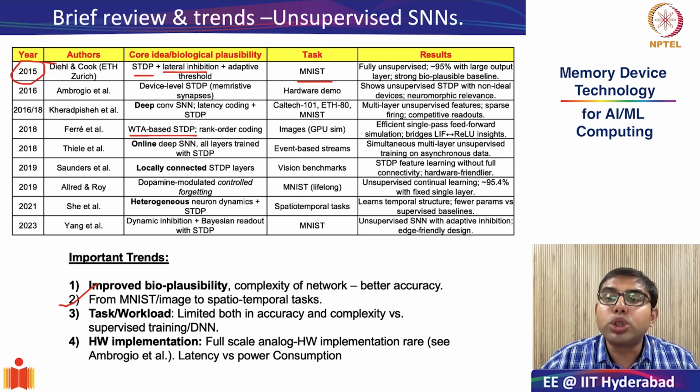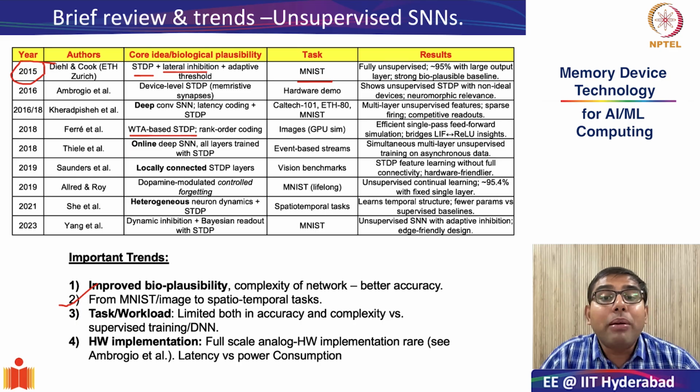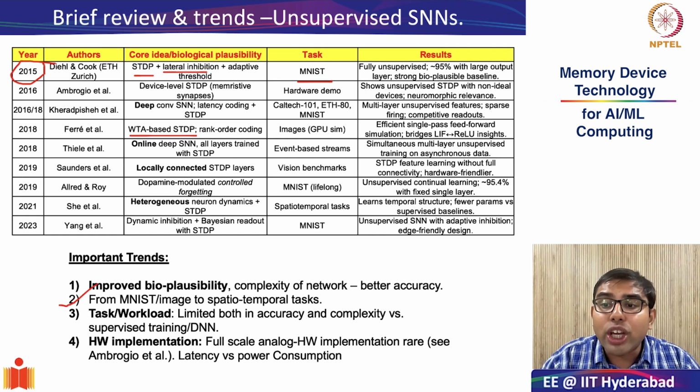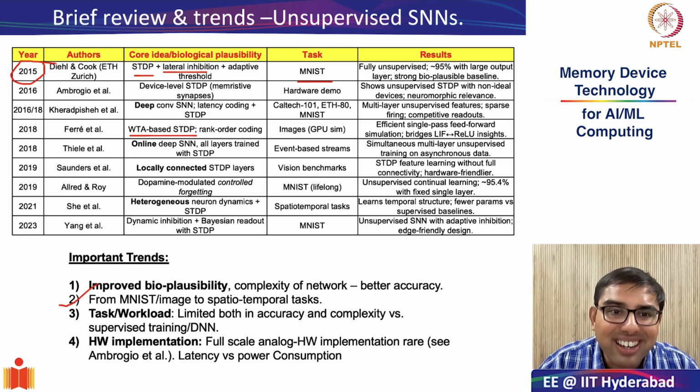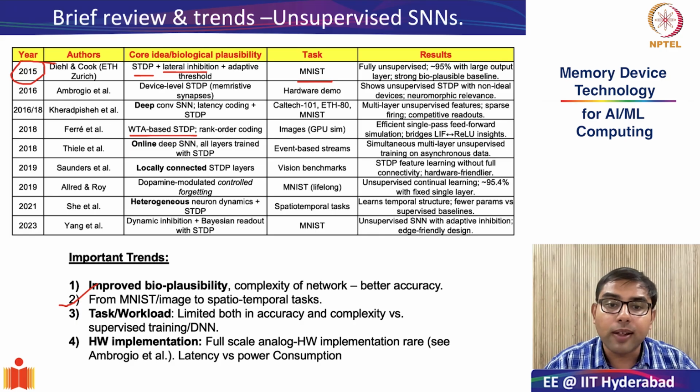So moving to spike timing rich data plays to the strength of spiking neural networks. And you will not only see improvement in accuracy, but also robustness to all kinds of temporal jitter and motion. So this is a very important feature of unsupervised spiking neural networks.